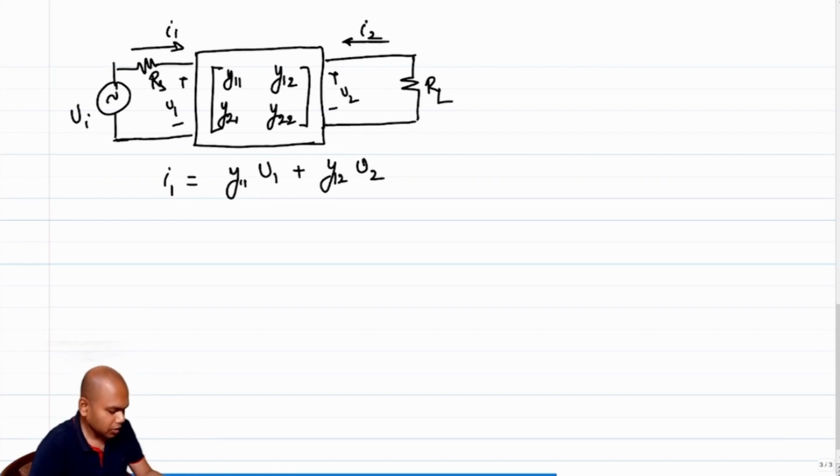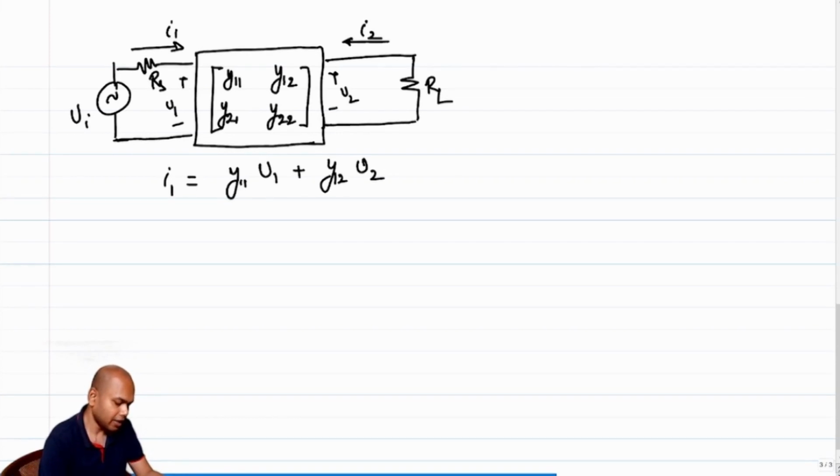Now note that I am not interested in getting v2 or I2 in terms of v1. I am interested in getting v2 and I2 in terms of Vi. So I have to somehow juggle this equation to figure out what to do.